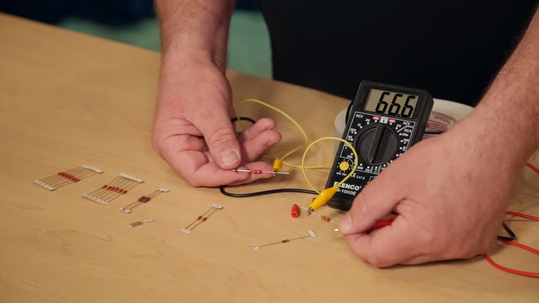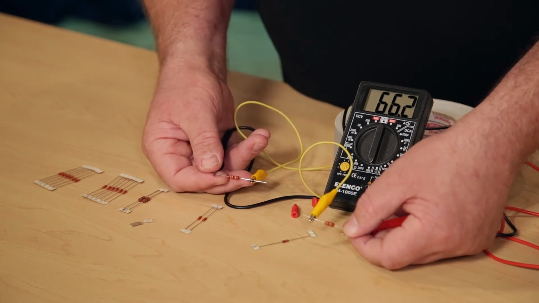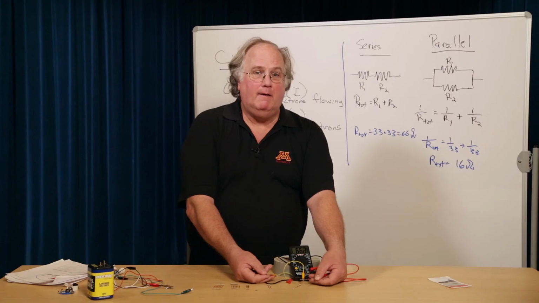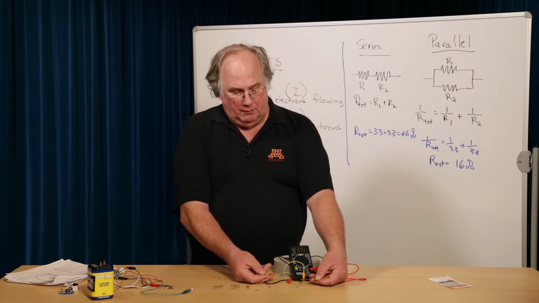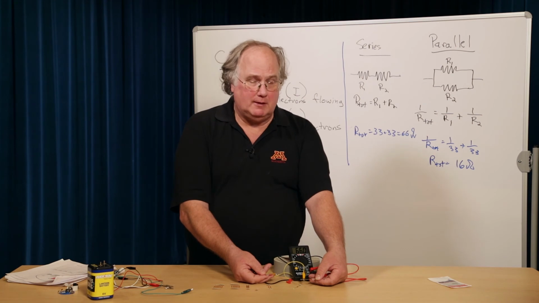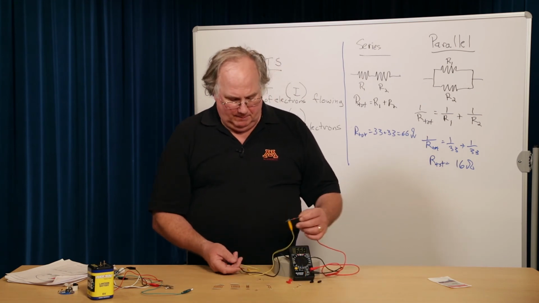So I have my two leads on either end of these two resistors, and the meter shows me I have 66.2 ohms for this whole network, which is exactly what I should get. So there we go, that's good.